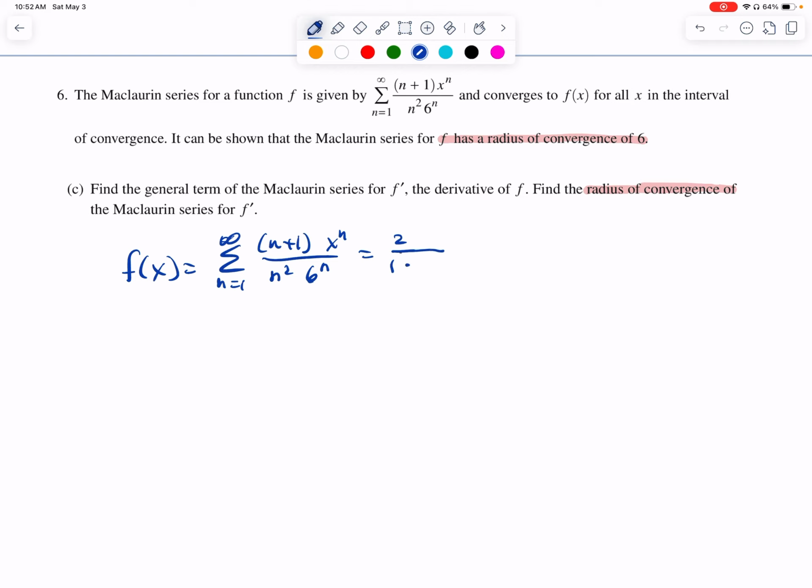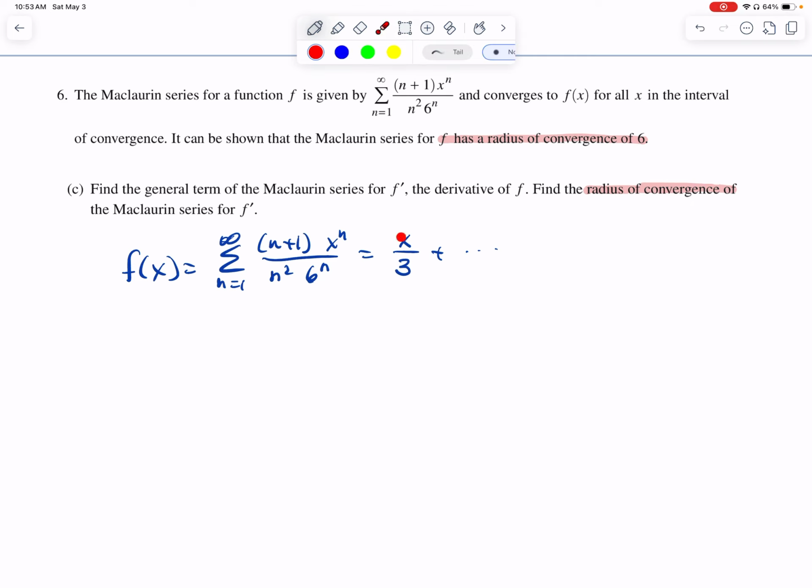Times 6 to the 1, times, oh no, this is just x, so x to the 1 power. Clean this up: 2 over 6 is just a third, so it's just x over 3, I believe, and so on.